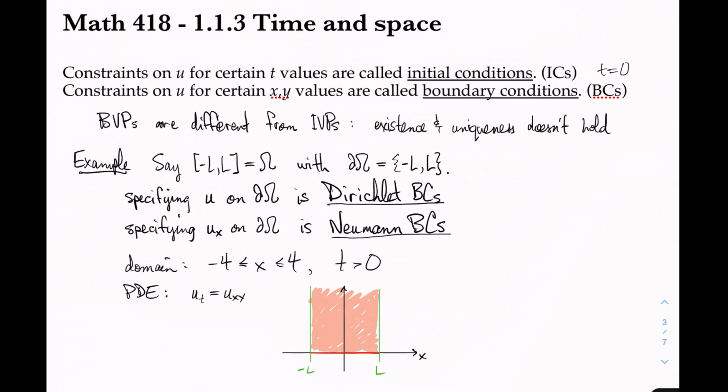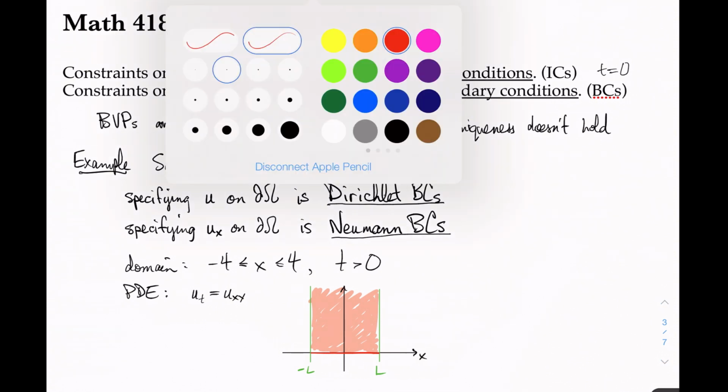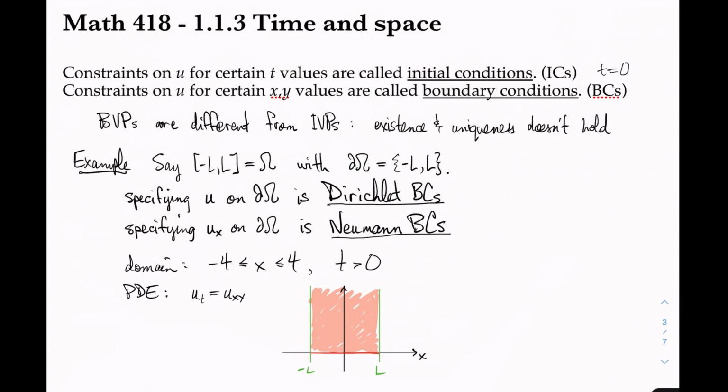All right, so we want to solve the heat equation on this domain, and maybe we will give an initial condition of, say, u(x,0) is e to the minus x squared. So that's going to look something like this bell curve. That'll be over the red line right here. Sorry, I forgot to specify, that's the initial condition.